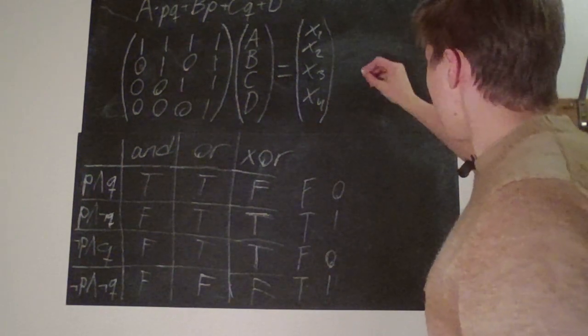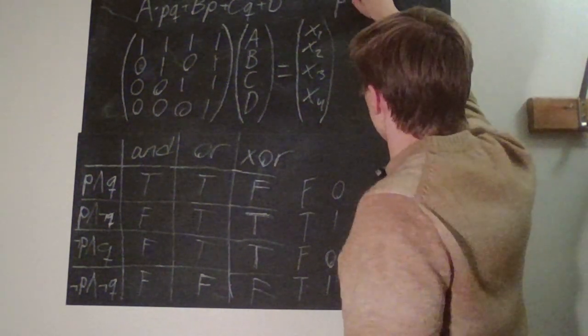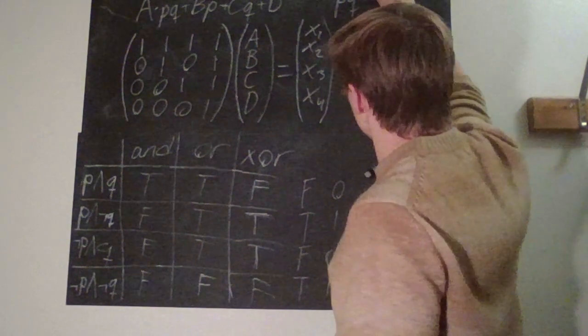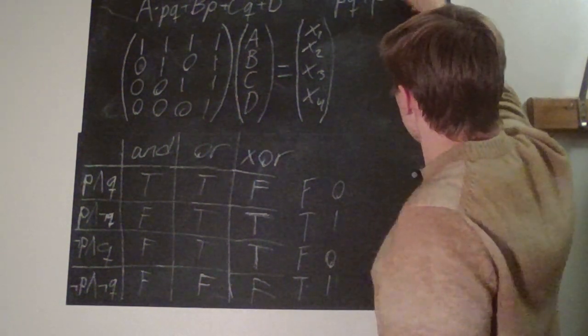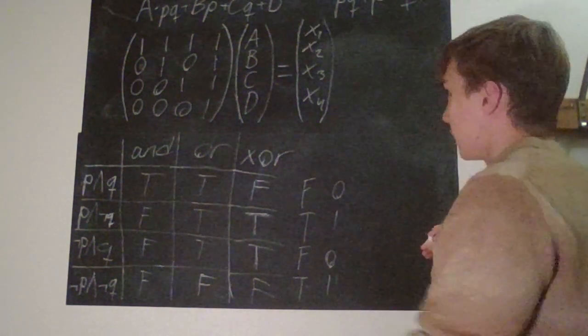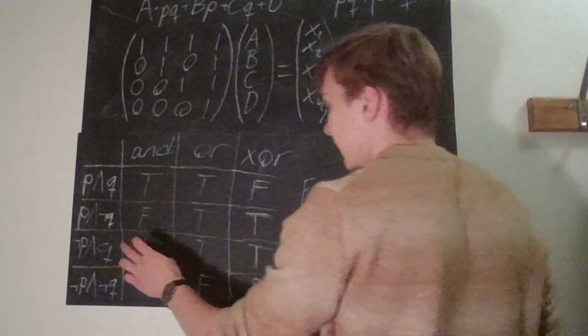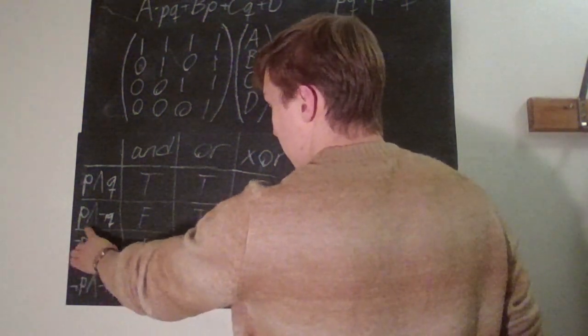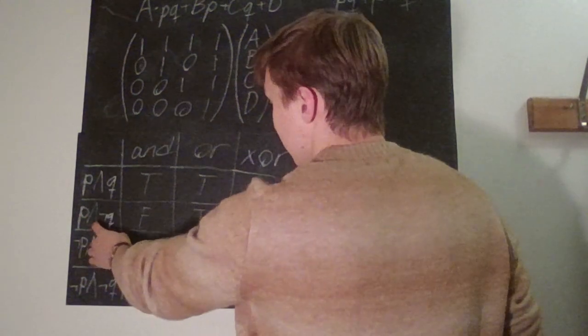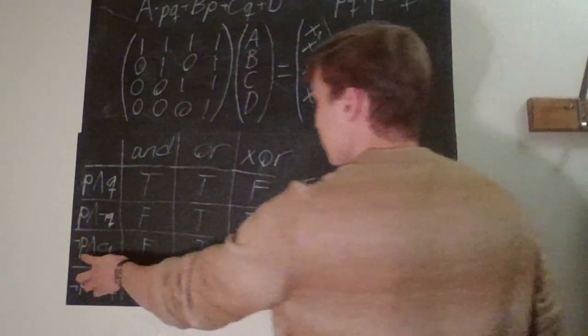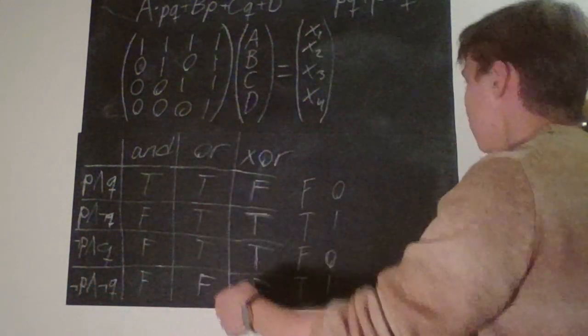So we know that or was minus pq plus p plus q, and in this case our p is p and not q, and our q is not p and q.